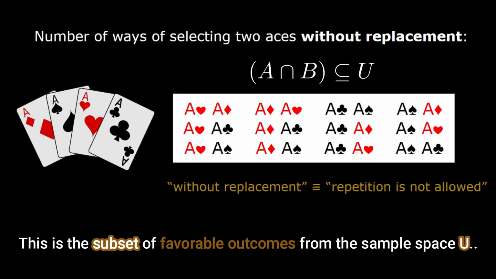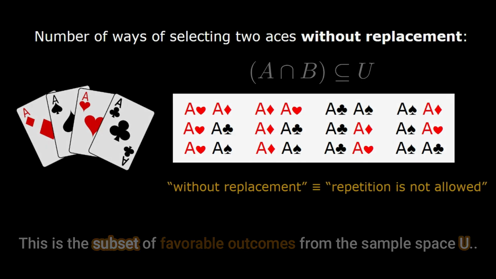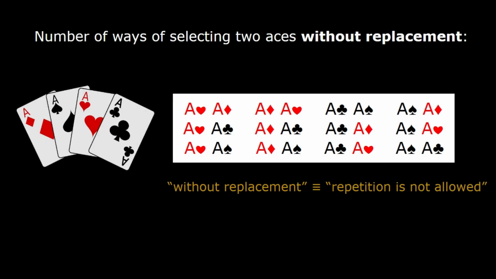And there's our 12 element subset. Without replacement in probability, at least in selecting cards or anything similar, is the same as when we weren't allowed to repeat earlier in specific counting problems. The fact that we're not allowed to repeat means we can't have the same ace two times in a row in this case.